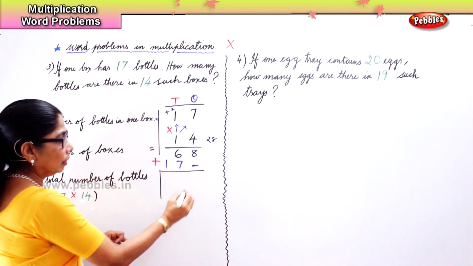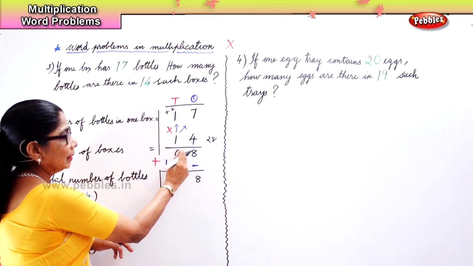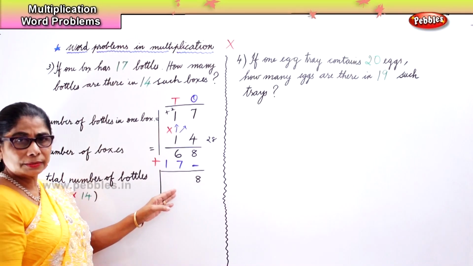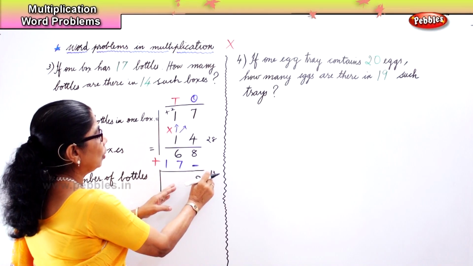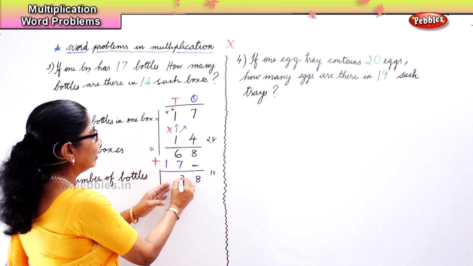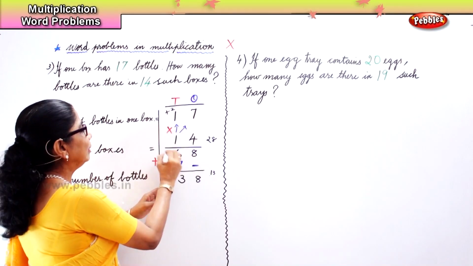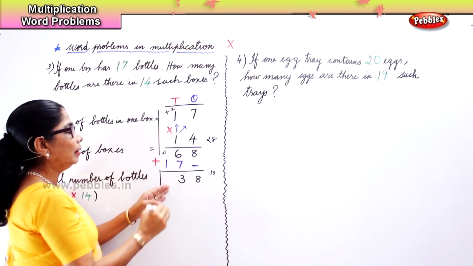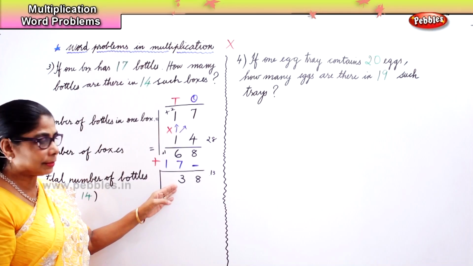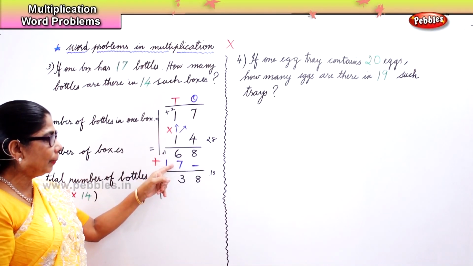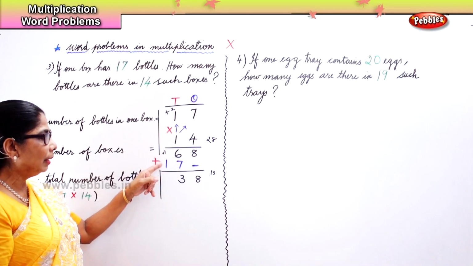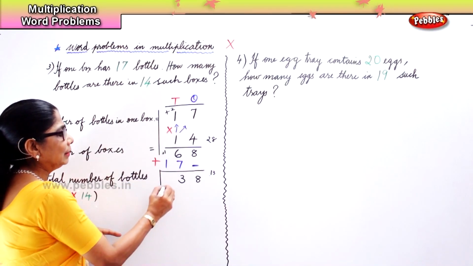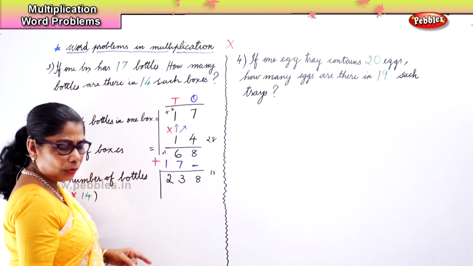Bring the 8 down. 7 plus 6, 13. Put 3 here in the tens place and carry 1 to the next. 7 plus 6 is 13, 3 you put down, plus 1 here. Then 1 plus 1 is 2. That's your answer.